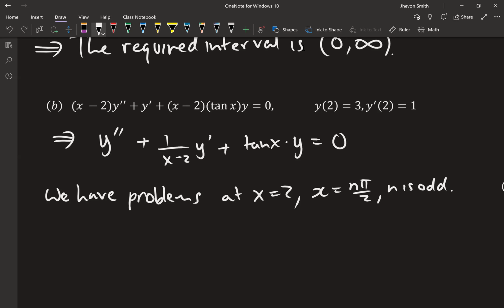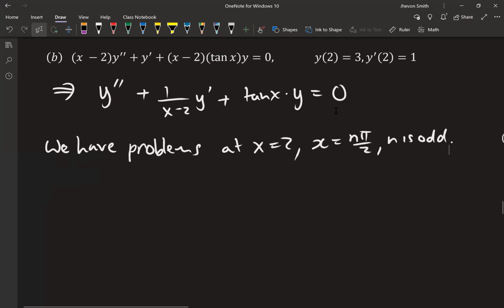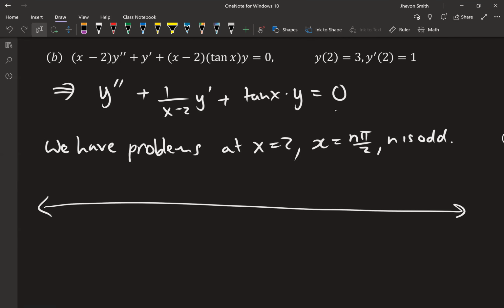So now, when you look at all the intervals, here's the real line. Let's put in all the odd multiples of pi over 2. Here is just our 0 for reference.